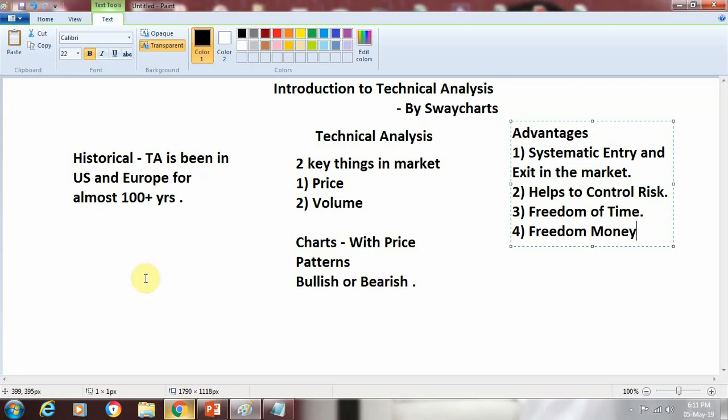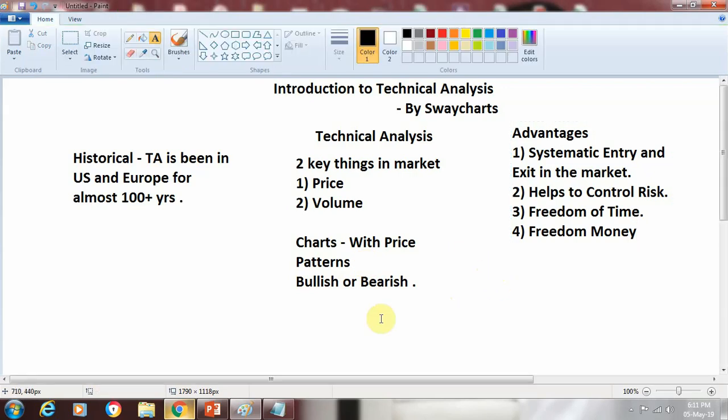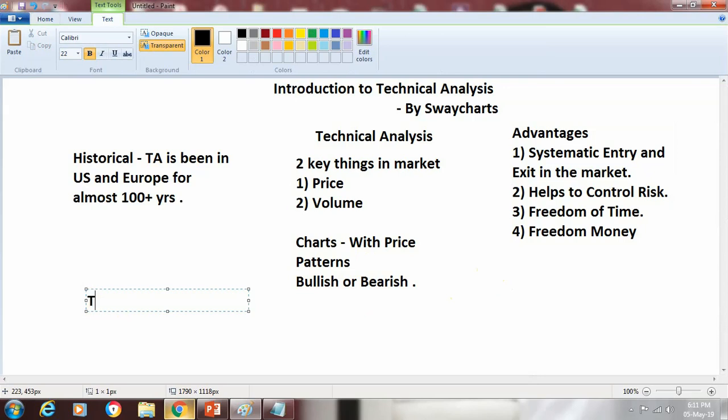Now let's move on to understand what technical analysis actually discounts, right? Technical analysis divides the trends in the market into three major trends, which we will be discussing in the next video, right? And there is one more thing which technical analysis discounts: it discounts all the news.